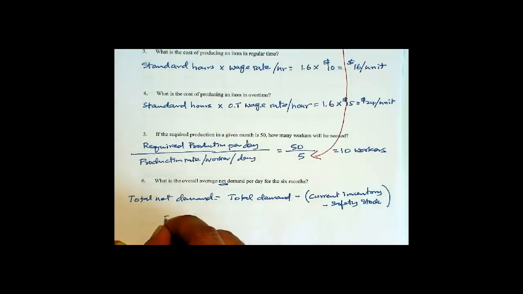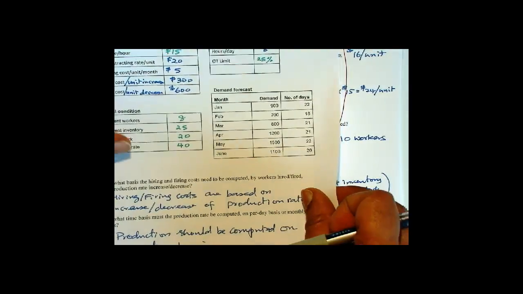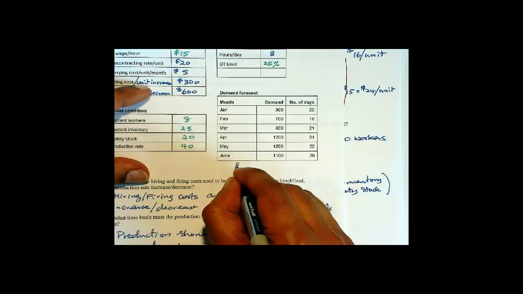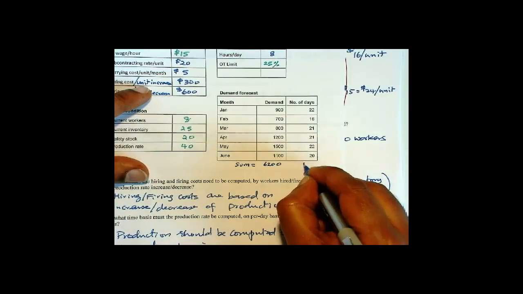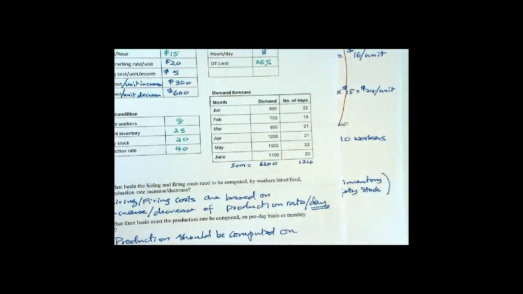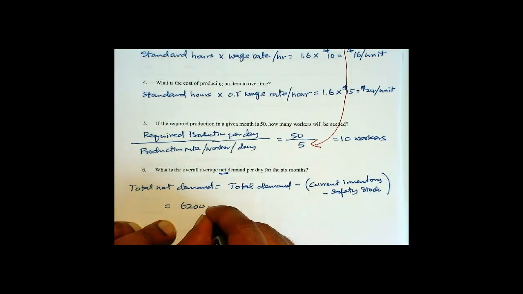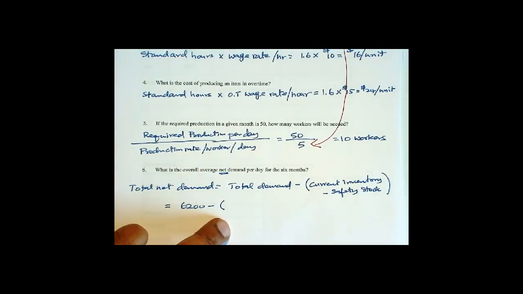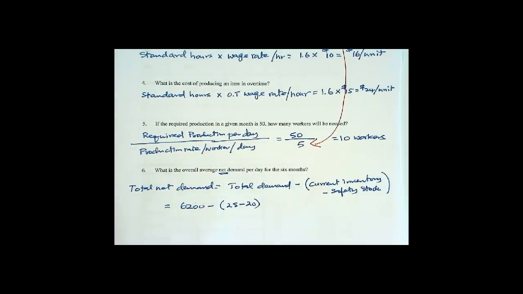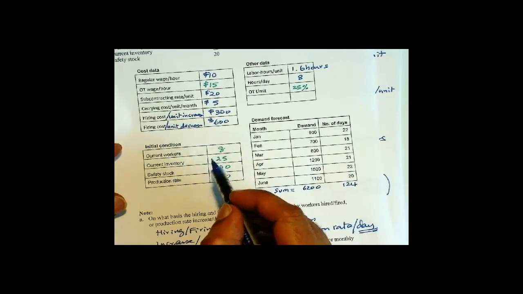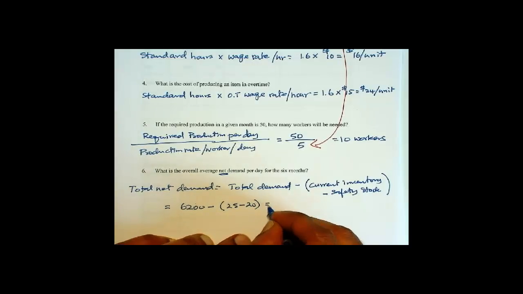So what is the total demand? We already added all this in our PowerPoint presentation. This sum is 6200 and this is 124 days. So 6200 minus our current inventory, which is 25, minus safety stock, which is 20, is equal to 6195.